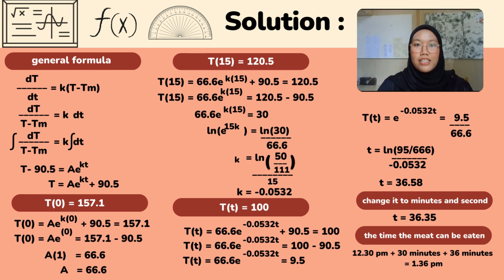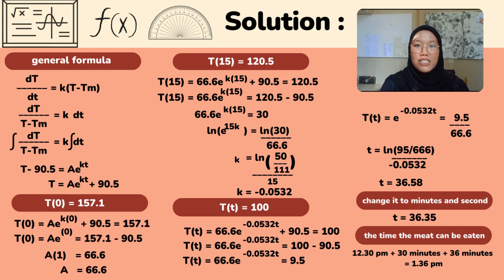After that, we get the information from the question where the actual temperature of the meat after it's fully grilled is 157.1 Fahrenheit. This information can be interpreted as T0 equals 157.1. Therefore, we substitute lowercase t as 0 in the general formula we got just now, and we get constant A equal to 66.6.